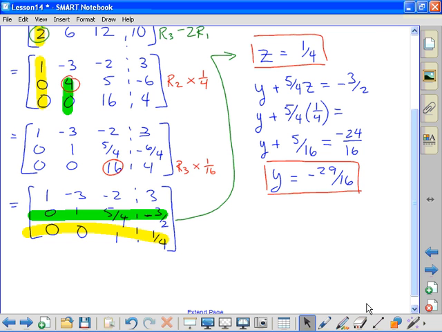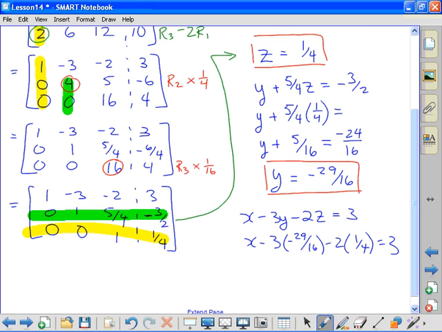Moving up one more, I have an x minus 3y minus 2z equals 3. So x minus 3 times negative 29/16 minus 2 over 1/4 equals 3. So I'm going through this.